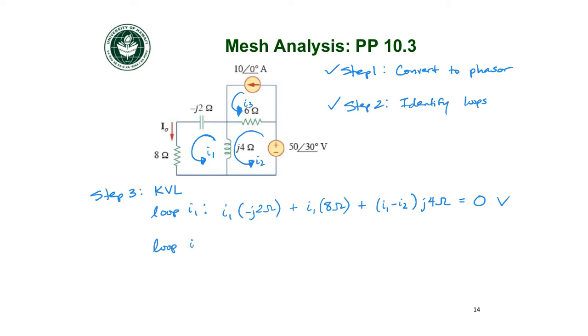Now let's do loop I2. Again, we'll start at the end of the arrow. So the first voltage drop across the 6 ohm resistor is going to be I2 minus I3 times 6 ohms. Then it's the voltage drop across the inductor, which is I2 minus I1 times the inductor impedance of J4 ohms.